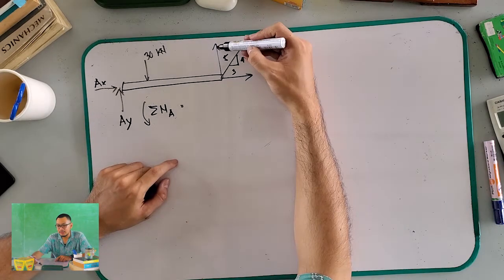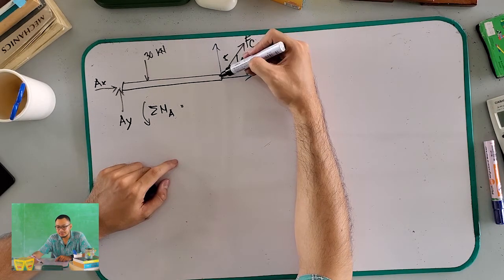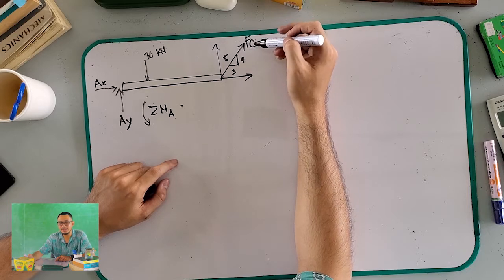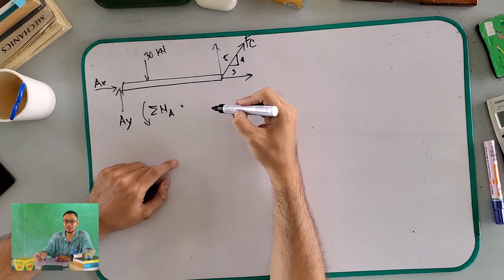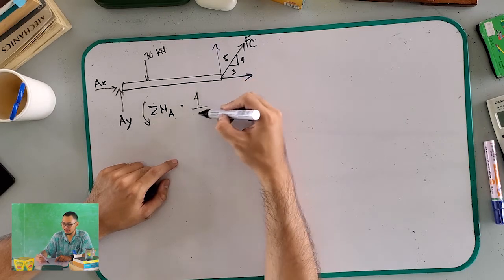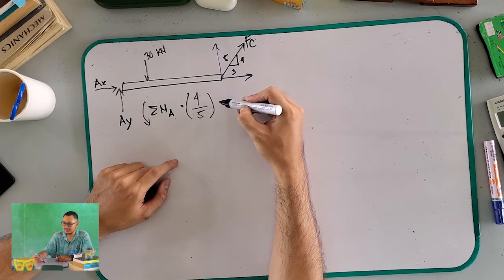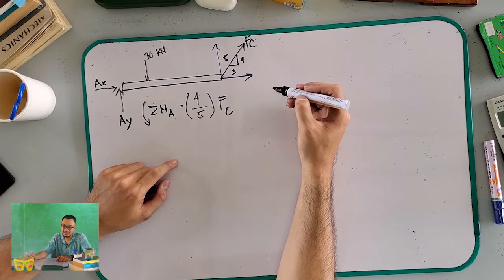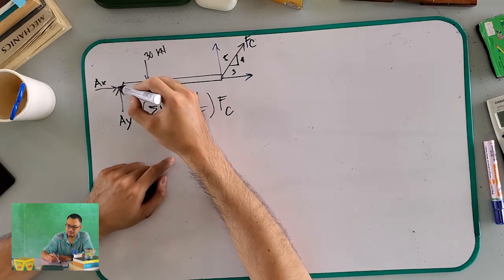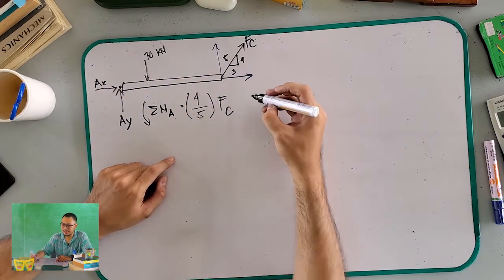So, summation of moments at point A: the vertical magnitude is the y component of FC, which is 4 over 5 times FC. It is positive because it is going counterclockwise.